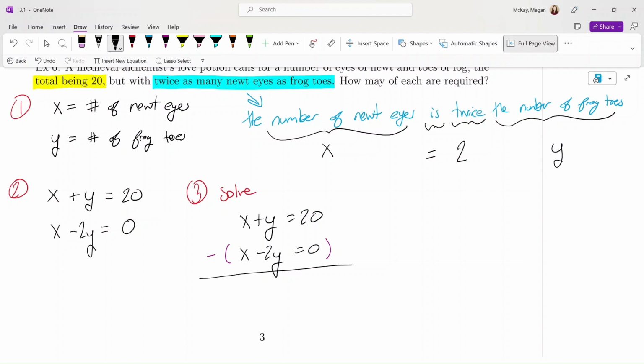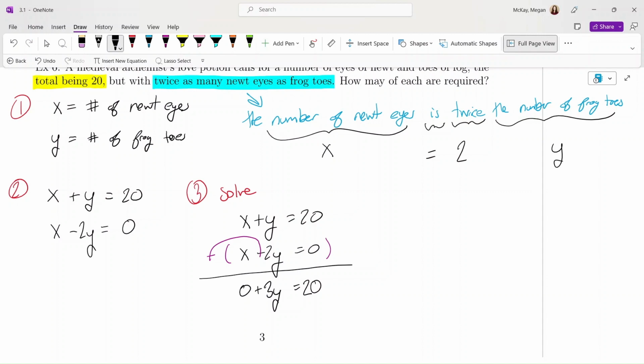So that means x minus x is 0, y minus a negative 2y, so our negative with a negative becomes a positive, right? So that gives us 3y, and then 20 minus 0, well, that just leaves us with 20 on the right-hand side.